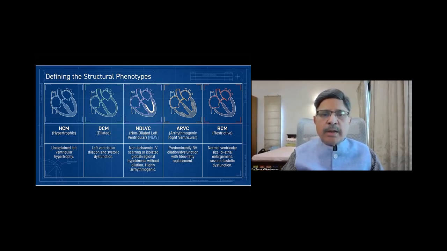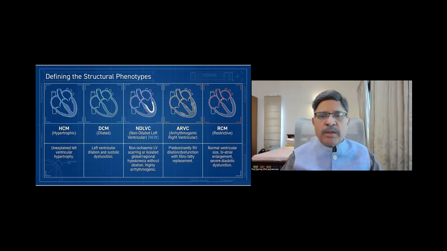NDLVC, non-dilated left ventricle, a new entity. The left ventricle is normal in size, but there are a lot of changes in the subendocardium, and non-ischemic LV scarring is there, or isolated global or regional hypokinesia without dilatation. It is highly arrhythmogenic, prone to arrhythmias.